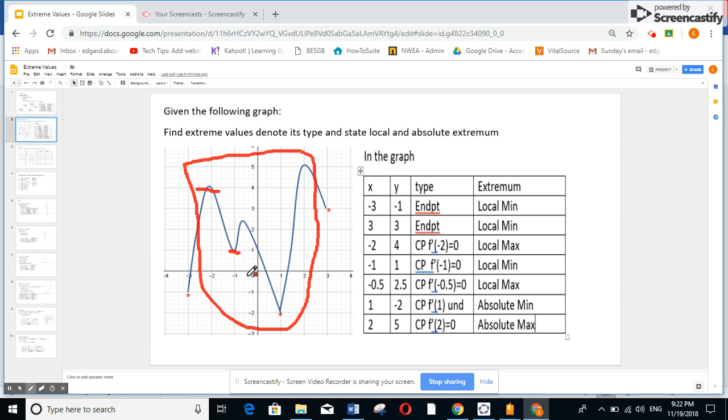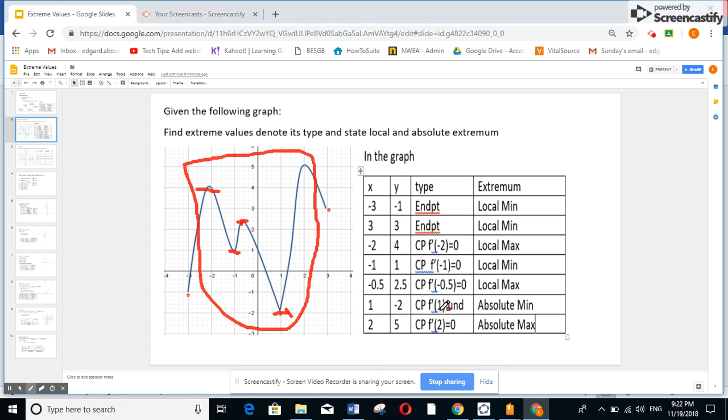Here at the point -0.5, the elevation is approximately 2.5. Also, it is a critical point. The derivative equals 0, it's a local maximum. Here at the point 1, the elevation is -2. This is the least point here. This is called the absolute min. But here it's an angular point, it's a cusp.